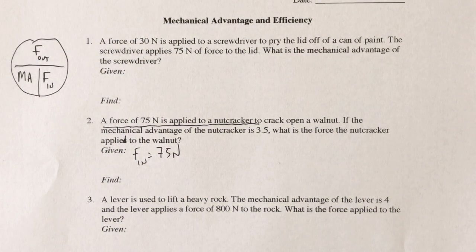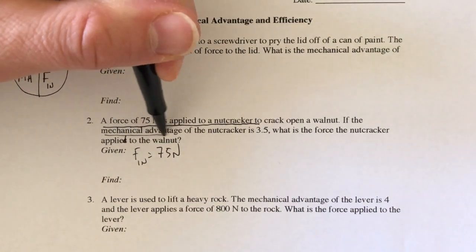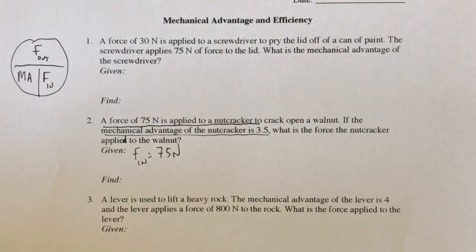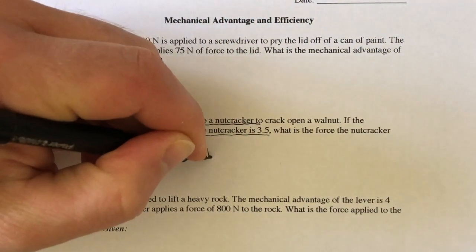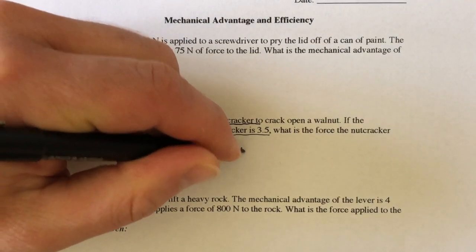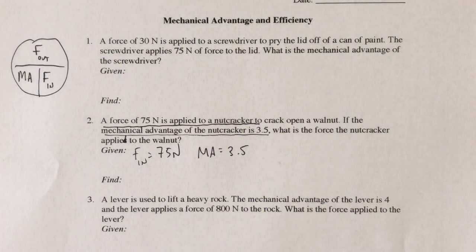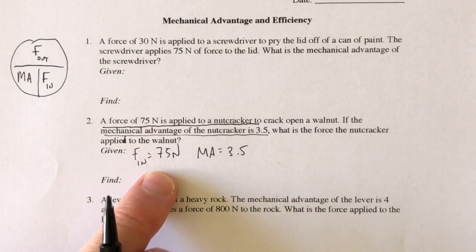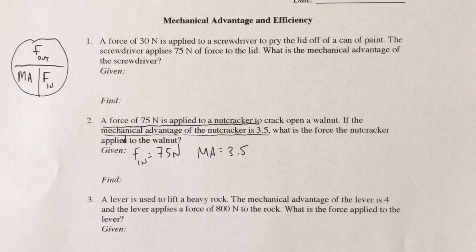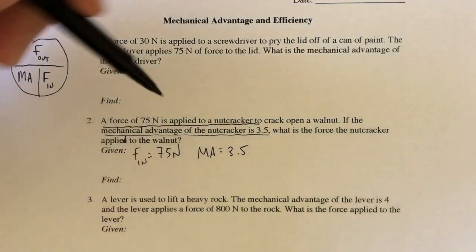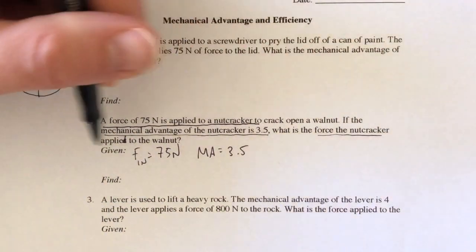All right, then it says that the mechanical advantage is 3.5. So in this case, we know MA is 3.5. What does that 3.5 mean? It means that any force I apply is going to get multiplied 3.5 times by the machine. So what are we looking for? The force the nutcracker applied.